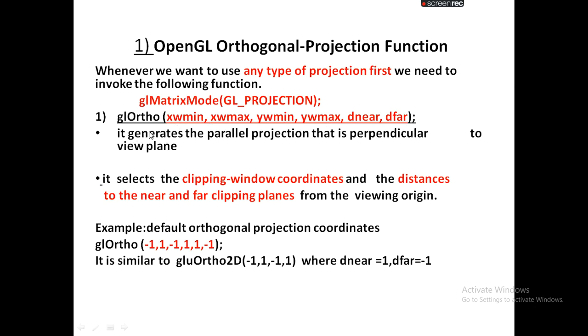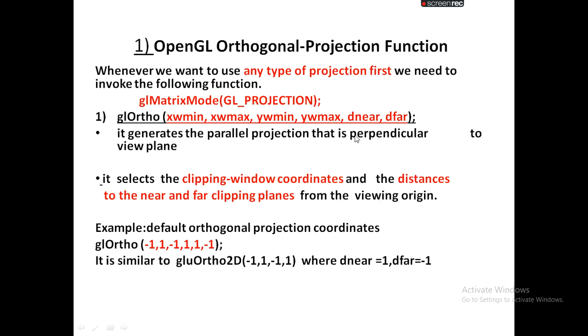This glOrtho function creates the orthogonal projection in our OpenGL program. It selects the clipping window coordinates and also defines the distances to the near and far clipping planes from the viewing origin.